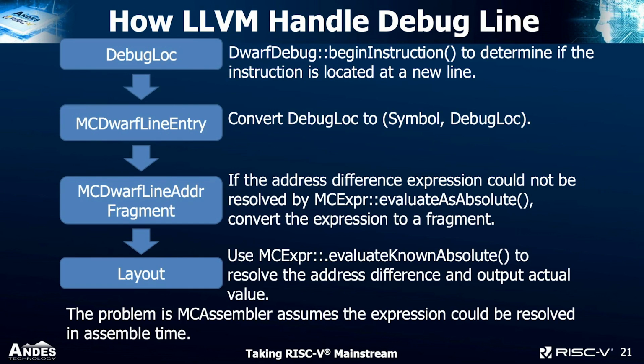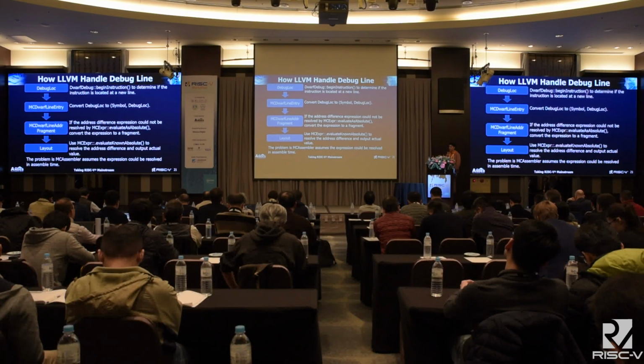This slide shows a more detailed description of how debug line information is converted from debug location to final layout. In the DWARF debug case, there is a hook called beginInstruction, which will be called before processing every instruction. In this function, it will check the line information of every instruction.